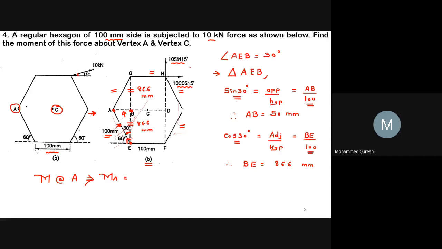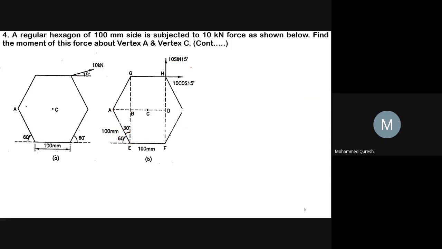We have to calculate the moment about the vertex A. So moment about vertex A, MA equals 10 cos 15 will move in clockwise direction, hence it will be taken as positive, and it is moving towards vertex A.